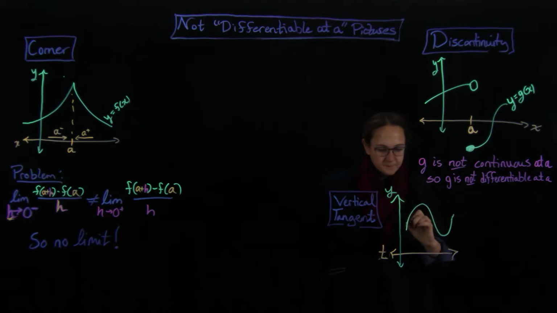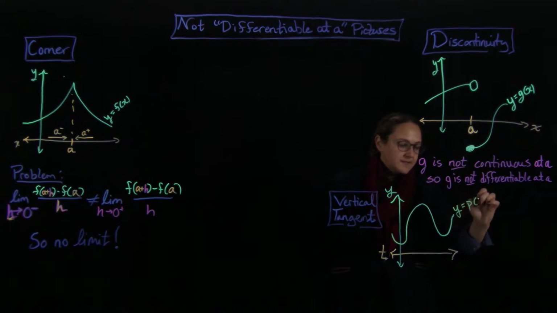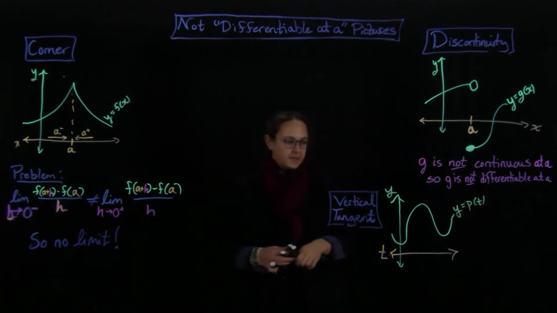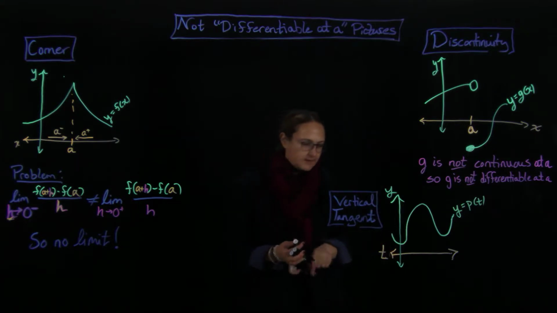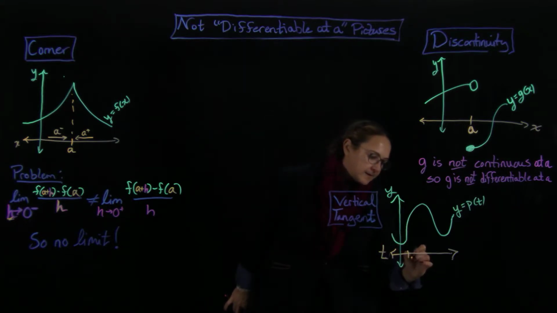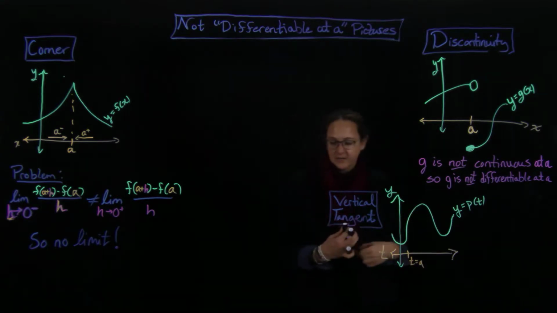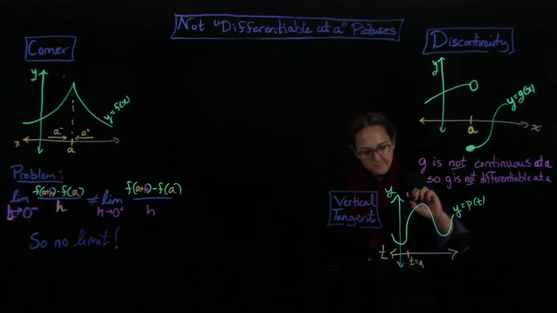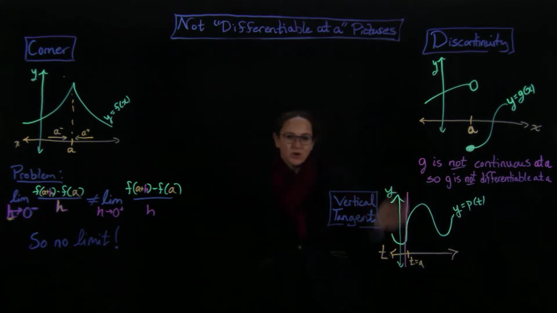So this is my y equals p of t. And if you tried to look at the tangent line here, so here, this is t equals a, then it would actually be vertical.